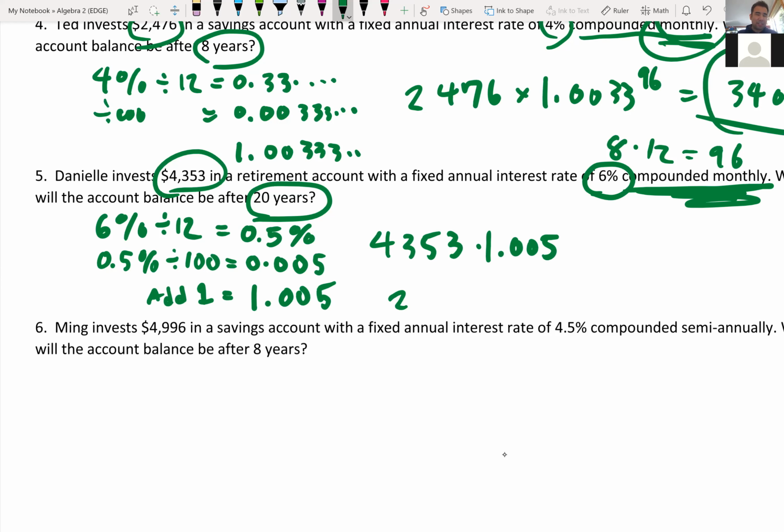Now 20 years, but we are counting monthly. So how many months is that? 20 times 12. What is it? 240. That's 240 months. So it's the 240th power.